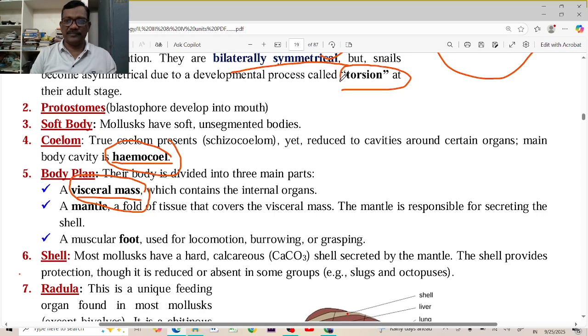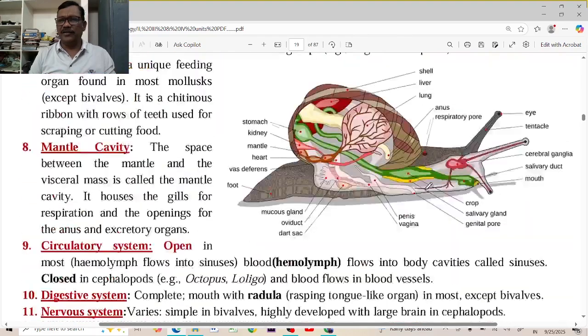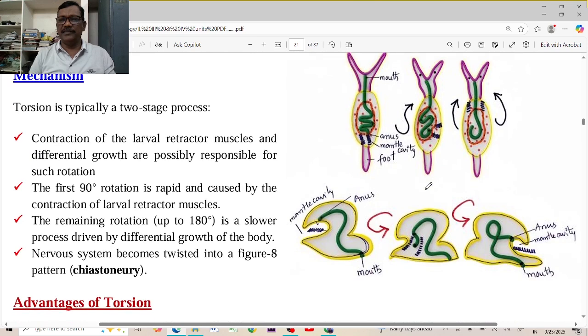Torsion happens during the larval development. For example, during the larval development, this is the anus region and this is the mouth region.